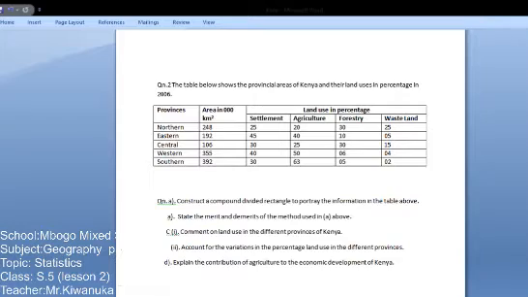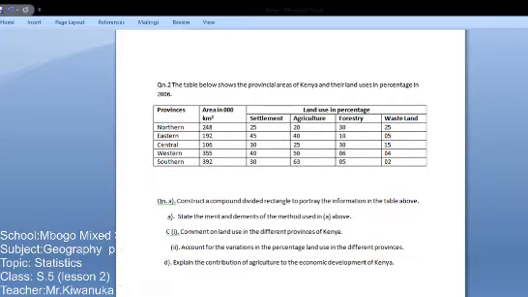Each province has the activities that are taking place there. Like if you look at northern, we have settlement, 25%, agriculture, 20%, forestry, wasteland, like that.